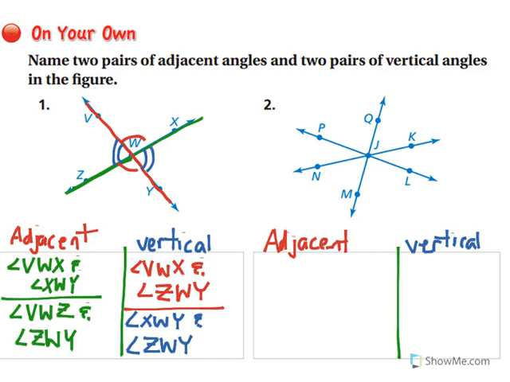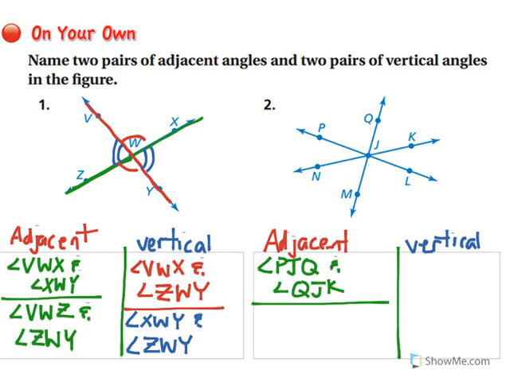My other adjacent angles for the other problem here. Again, there's a bunch of them. I'm just going to look at a couple of these. So I have PJQ. We'll start with that. Angle PJQ. And that line, we could say it goes with, here's a line that it has in common with its next door neighbor. We'll say QJK. That's one pair.